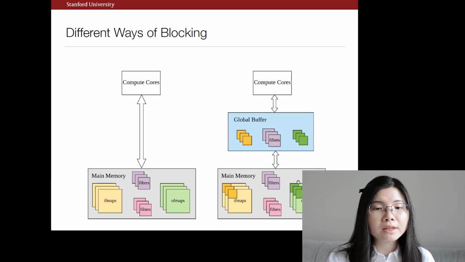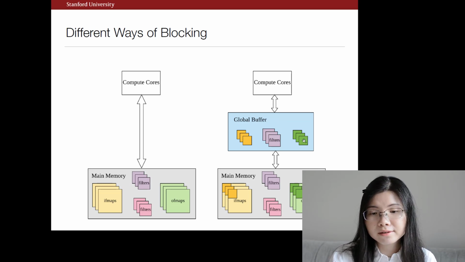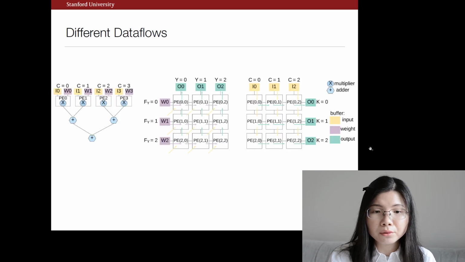Such a small data block can be buffered and reused inside the global buffer. In this way, we can serve the data from cheaper memories, reducing the number of accesses to the slower and more expensive memory. Actually, there are many ways to get the small blocks, given the high dimensionality of the loop blocking choices.